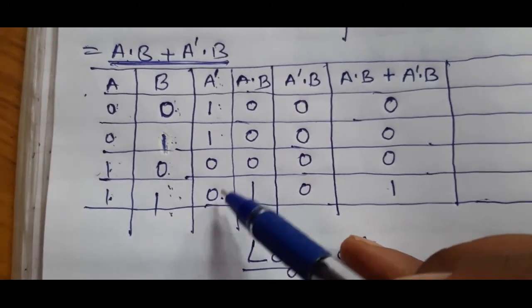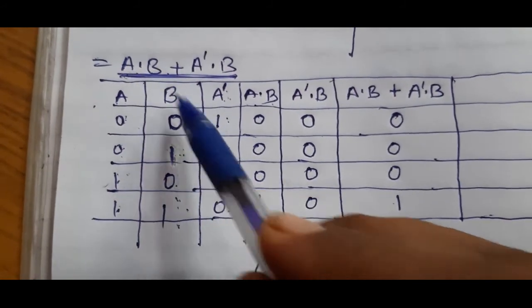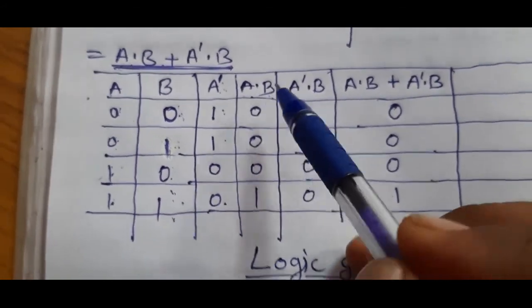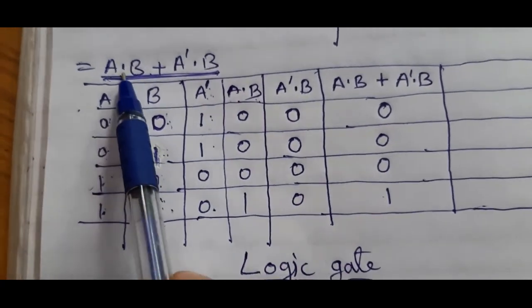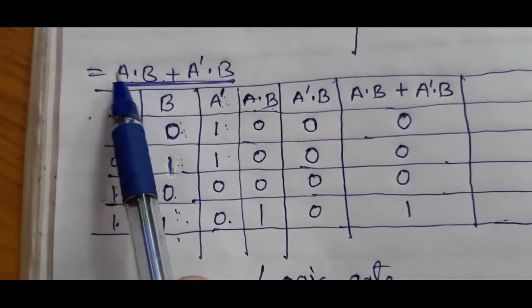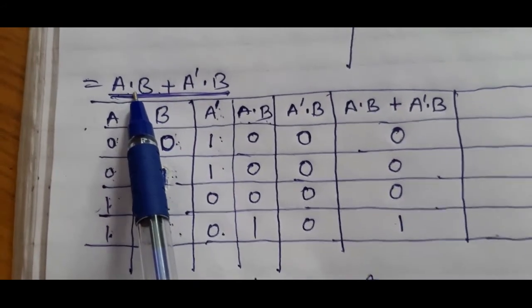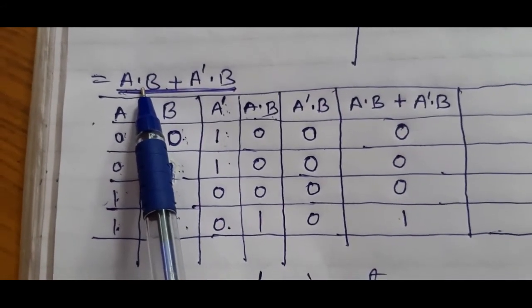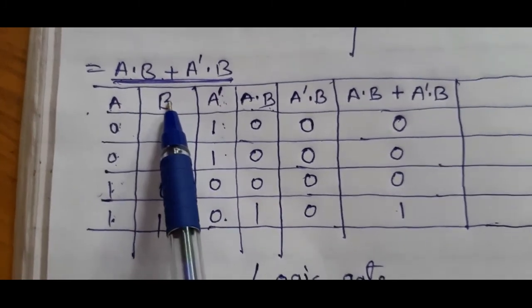After that, we need the combined output of A and B. Here the condition of the AND gate is that both inputs must be positive.